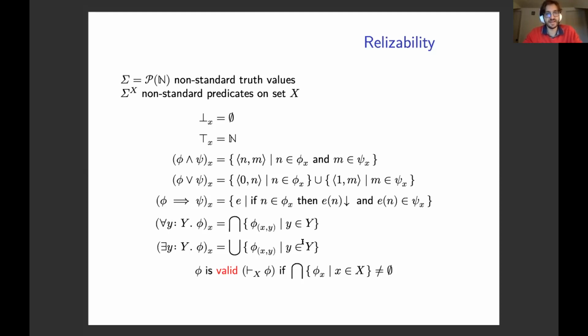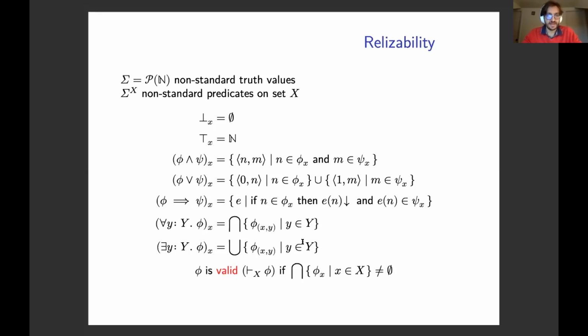And a non-standard predicate on a set will be a function from this set to the set of non-standard truth values.